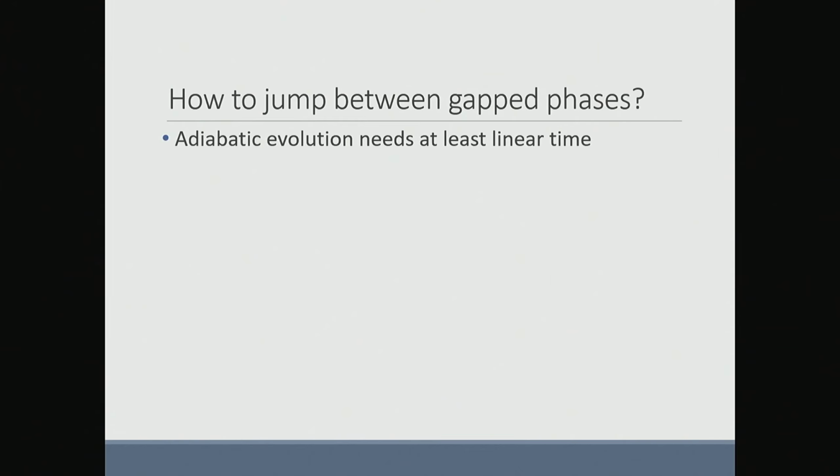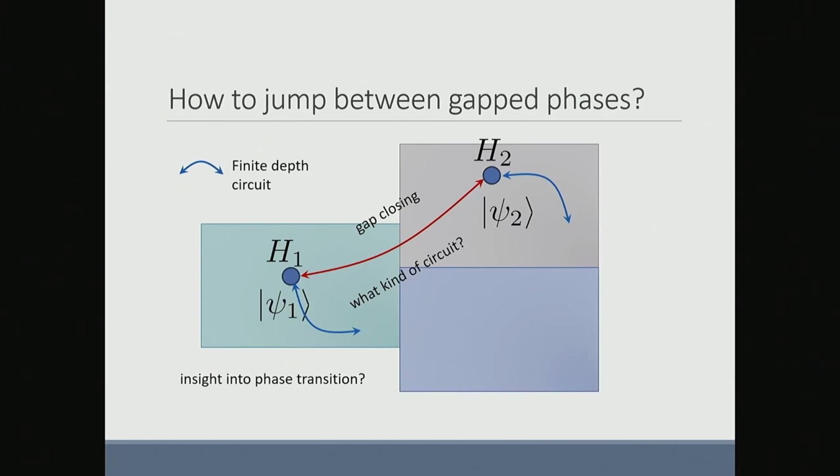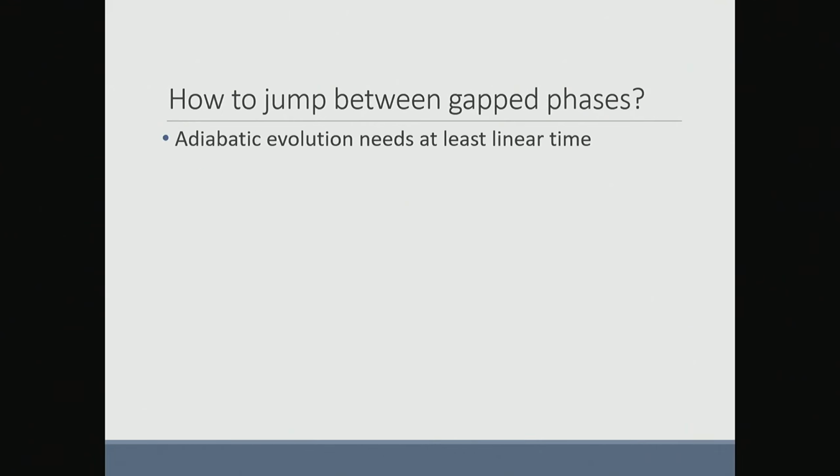That's why it took us almost 15 years to answer that question, because if we try to follow this adiabatic path, this red line, of the Hamiltonian, we know that the gap will close, and you need to be very slow across the transition point, and the adiabatic evolution needs time that scales at least linearly with system size, meaning that the system size is L, and the gap closes as 1 over L, so the adiabatic evolution takes time also roughly on the level of L.